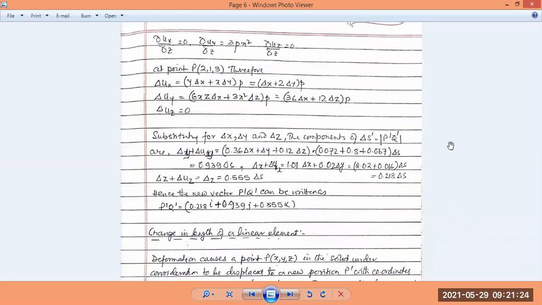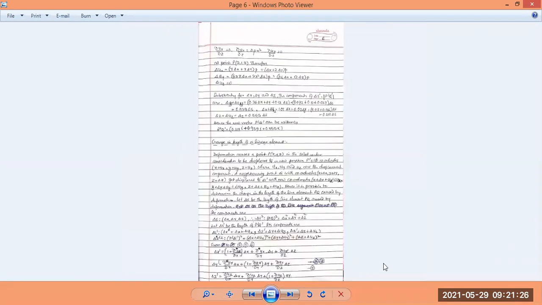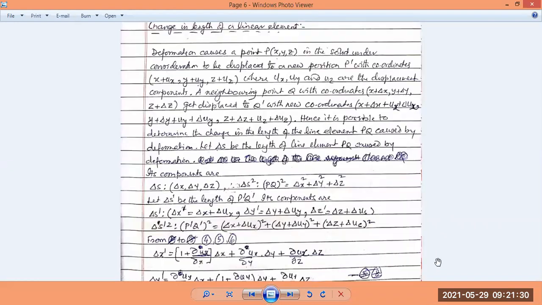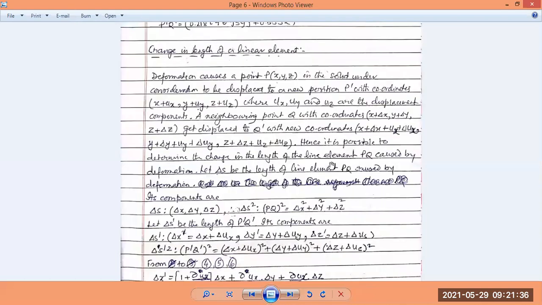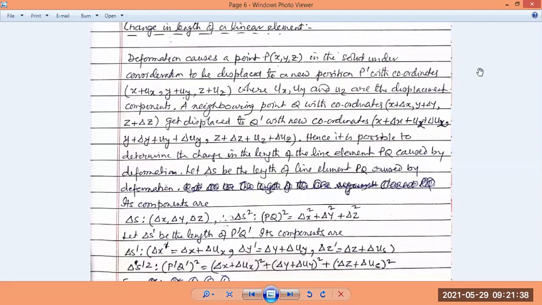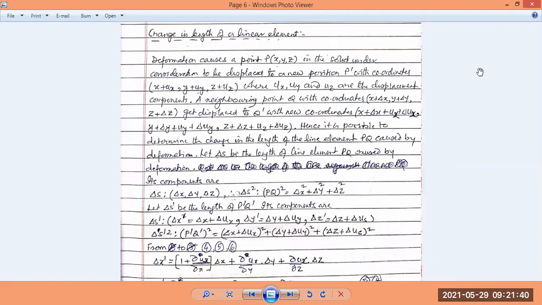Let us go for the next one. Here, we are trying to think about the changing length of a linear element. So far we have discussed the change in position of particular points.